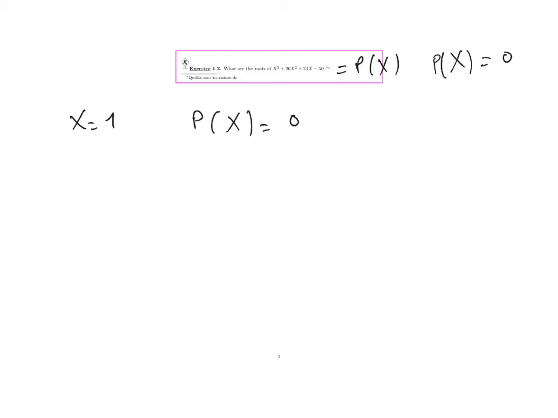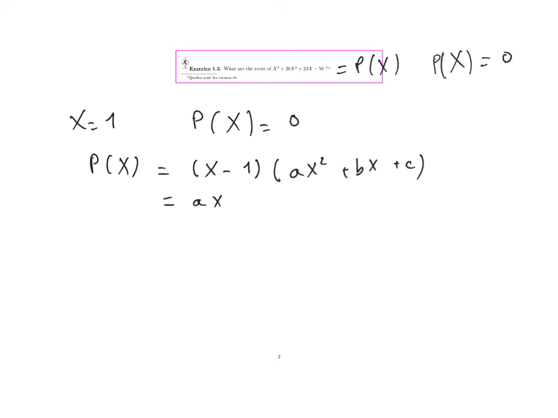So now we want to find the two other roots of the polynomial, and first we need to factorize this polynomial, because we know that p of x can be written as x minus 1, so 1 is the root of the polynomial, times another polynomial, which is like ax squared plus bx plus c. So we don't know a, b, and c, but we can expand the first polynomial.